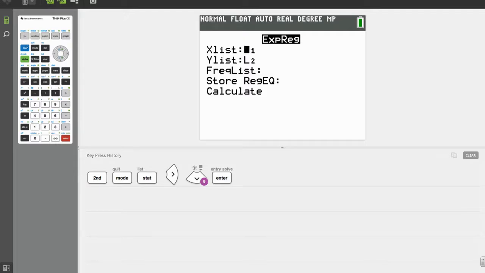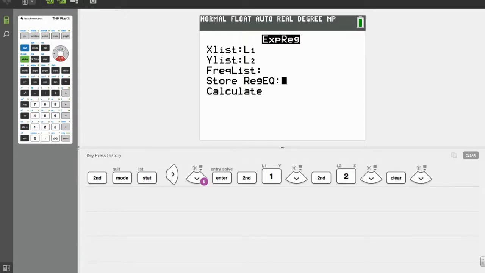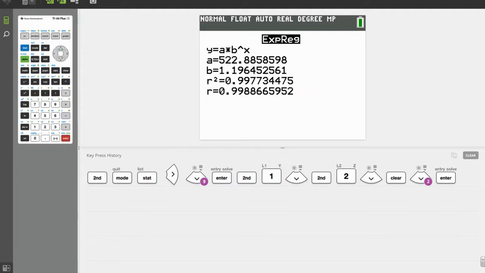If it's not, you're going to do second 1 for list 1, second 2 for list 2. Frequency list should be clear, nothing. We're not going to store this for now. And we're going to calculate. So hit Enter. We're not going to round at all. Rounding will affect any kind of prediction you make, so we're not going to round at all.